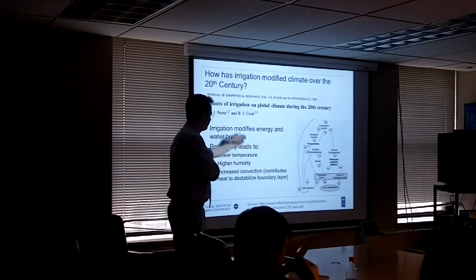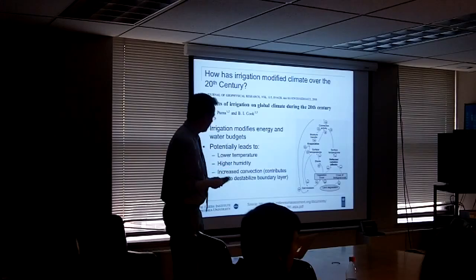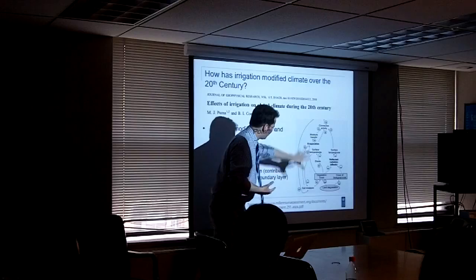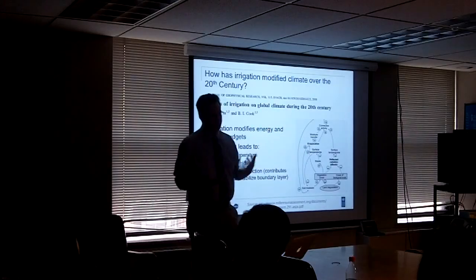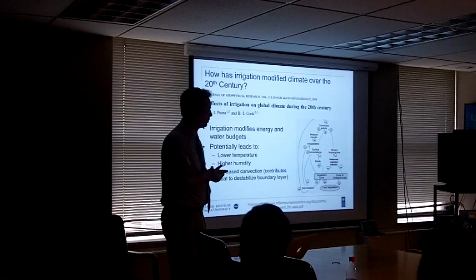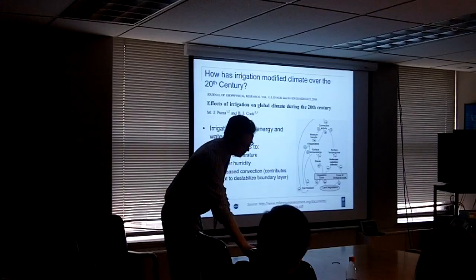Obviously irrigation is going to affect your energy and water budgets, potentially leading to lower temperature and higher humidity, and then it impacts convection. So they're quite complex interactions when we're thinking about this within a coupled system. We want to get a sense of what these impacts are.